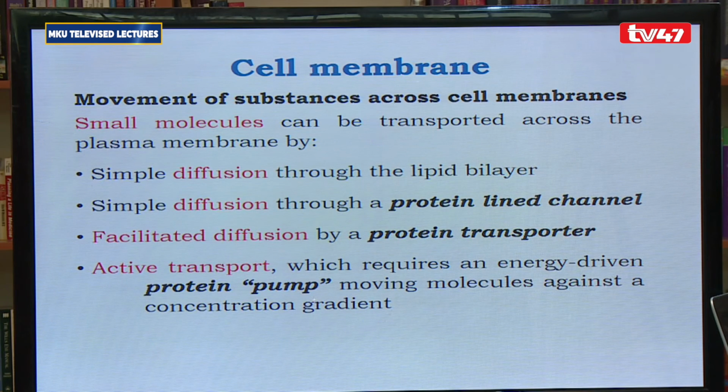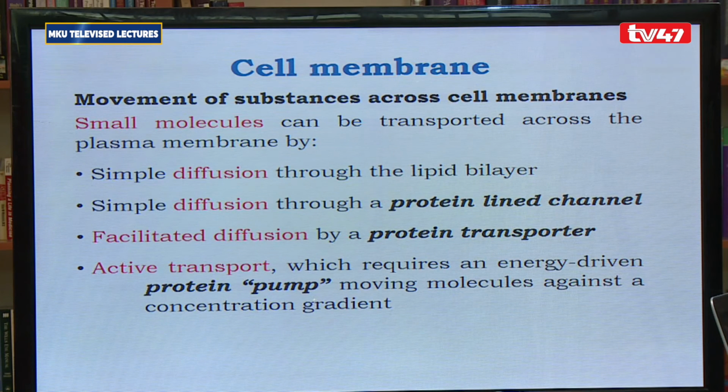Small molecules can be transported across the membrane in simple ways. With one, we have diffusion through the lipid bilayer, meaning certain substances like water can easily diffuse through the cell membrane. They don't require any special requirements. They move in and out of the membrane without being restricted, through what you call simple diffusion.